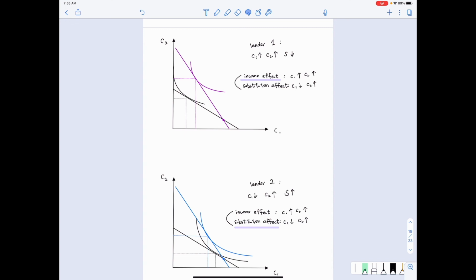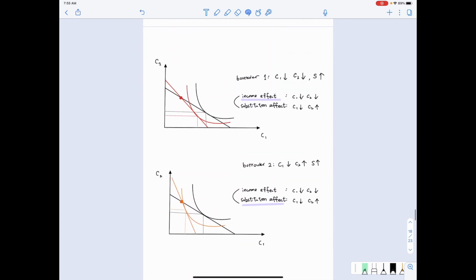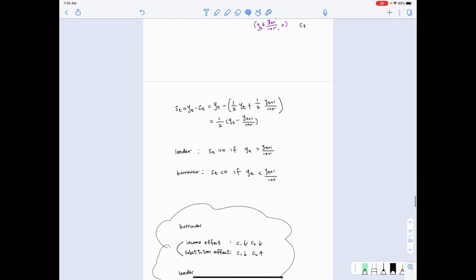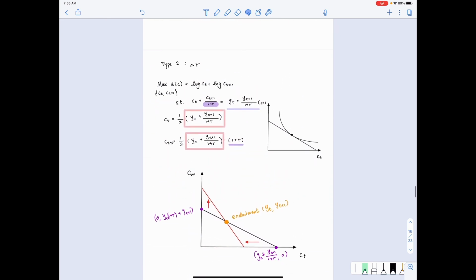So here, I showed 4 cases, 2 for lender and 2 for borrower. For both of them, either the income effect dominates or the substitution effect dominates. And in graphs, they will look different. When we are solving this problem using equations, we don't need to think about that much.